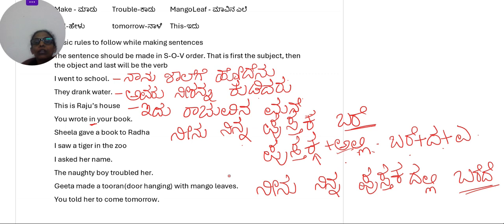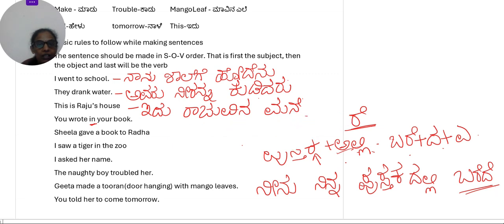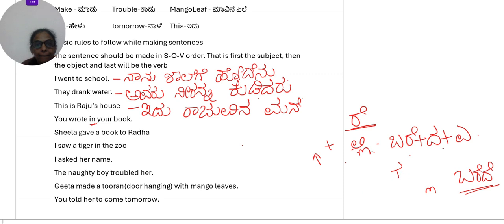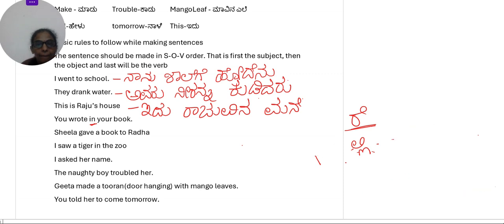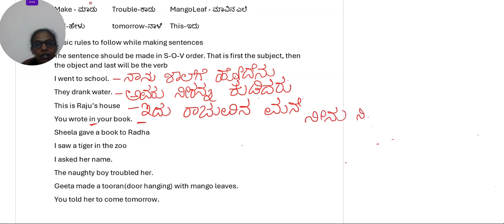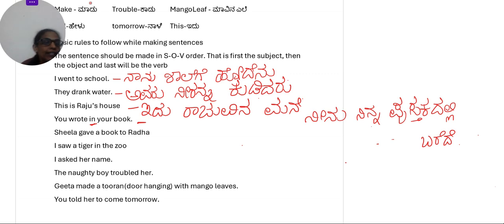So, neenu ninna pustakadalli barede. So that is how we've got this sentence now. Let us put the sentence correctly here. So this sentence is here. Neenu ninna pustakadalli barede.